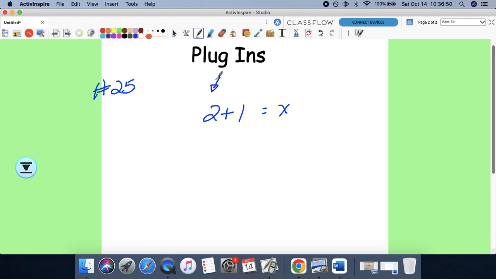So x is 3. What is the value of the greater of the two numbers in terms of x?